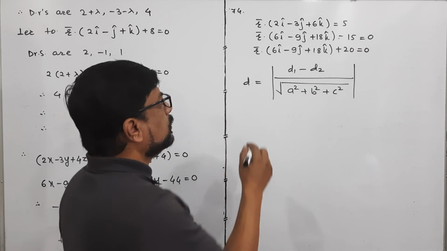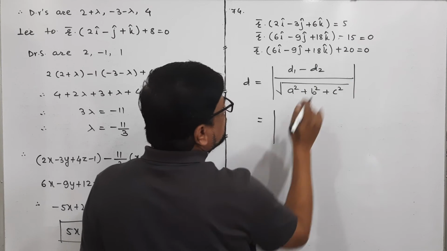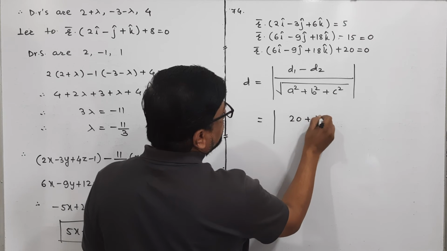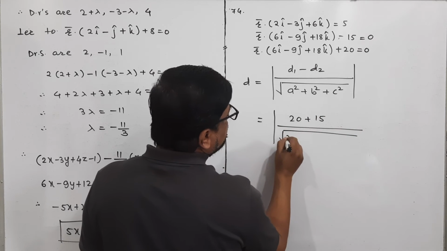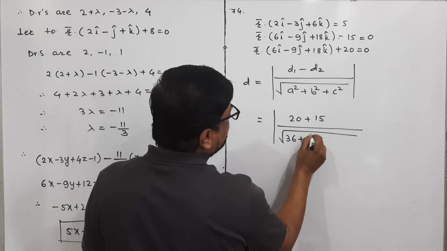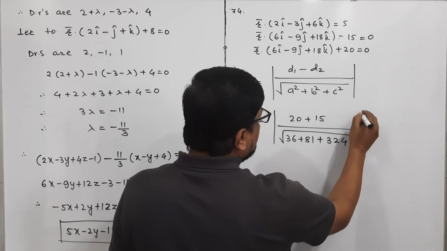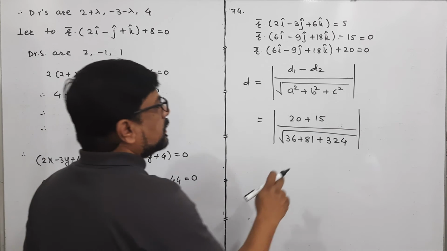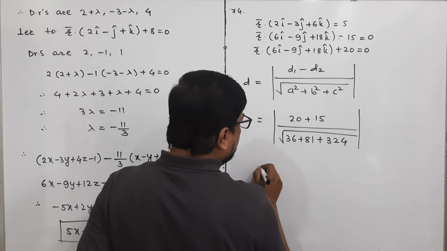So it is nothing but mod of 20 minus 15, means it is 20 plus 15, divided by under root of a square is 36 plus 81 plus 324. Now take their addition. It is 360 plus 81 is 441.